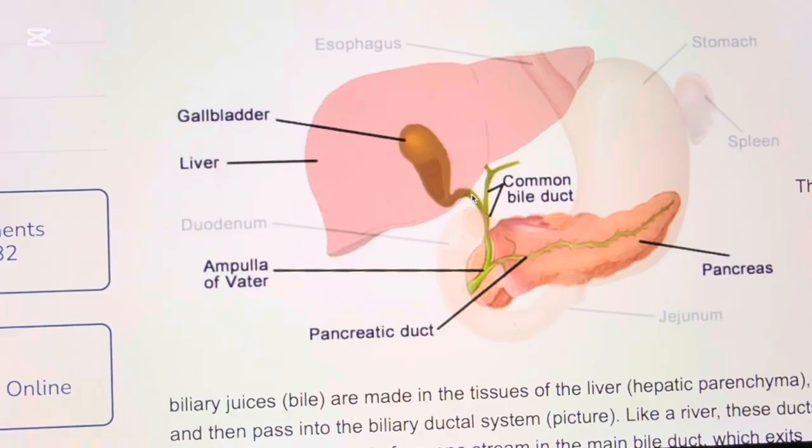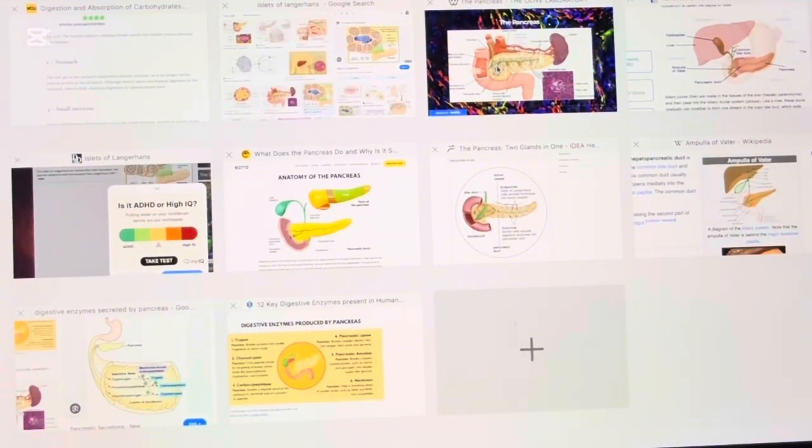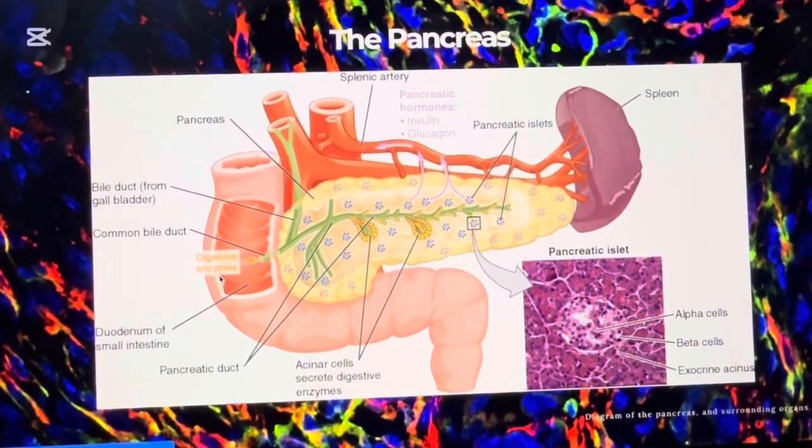So the cystic duct and hepatic duct join and form the common bile duct, and the common bile duct and pancreatic duct join and form the ampulla of Vater, which can also be called the hepatopancreatic duct.